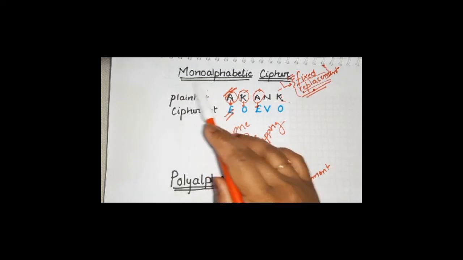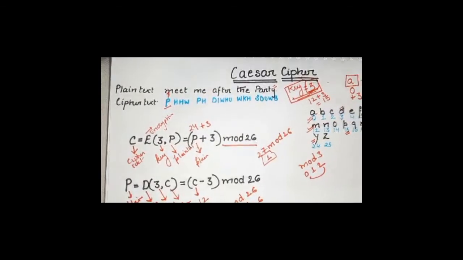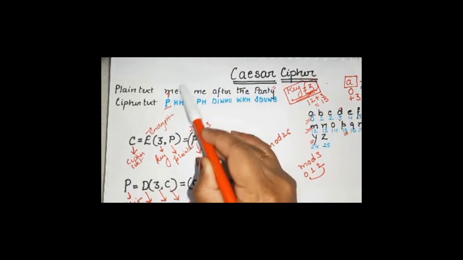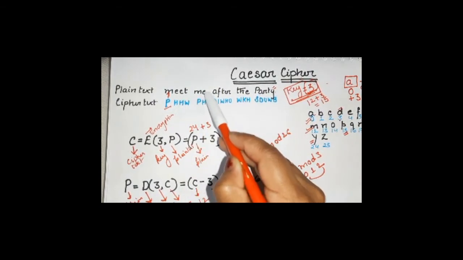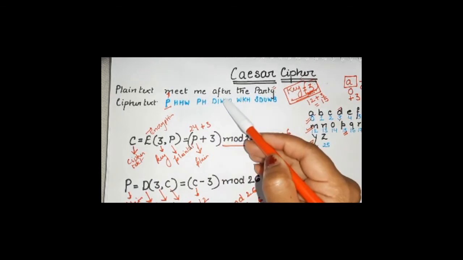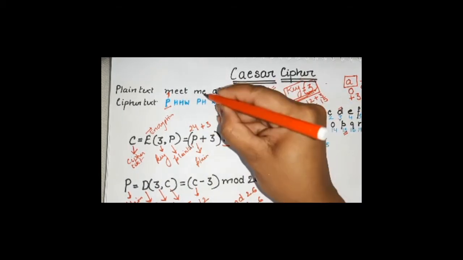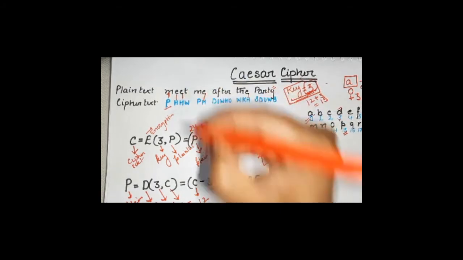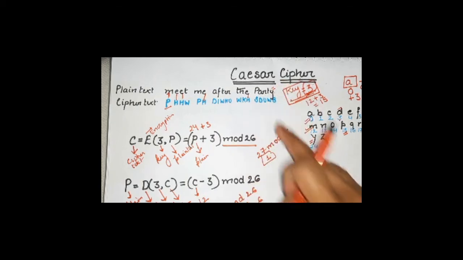When I say monoalphabetic cipher, Caesar cipher is an example of monoalphabetic cipher, right? Every time E occurs, it is going to be replaced by H. Replaced by H, replaced by H, replaced by H, right? So therefore, Caesar cipher is a monoalphabetic technique.